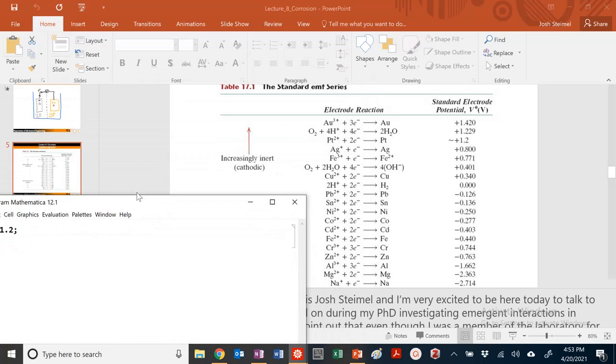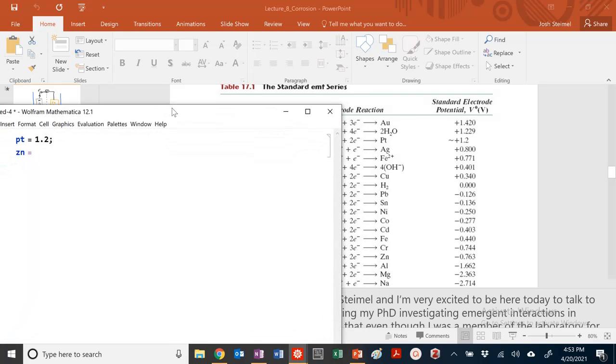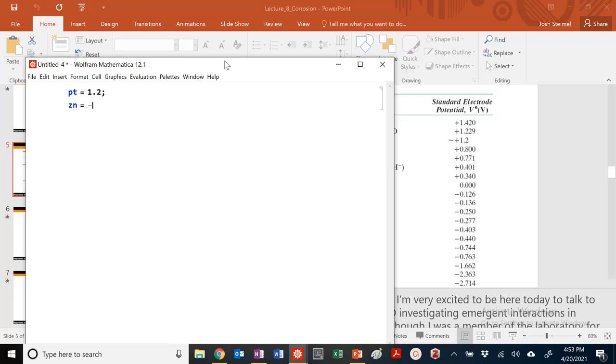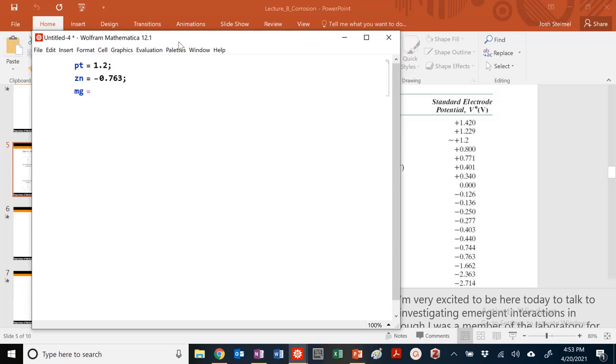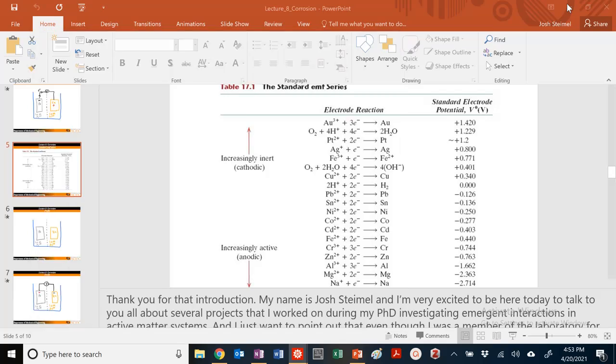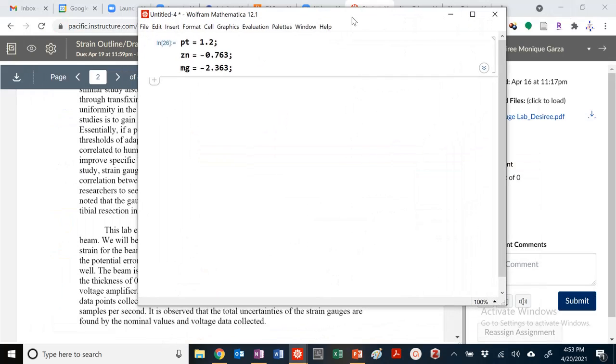My zinc, on the other hand, is minus 0.763. And then I think I need Mg, but I want to double check. Yep, my Mg is equal to minus 2.363. All right, I have got those values.